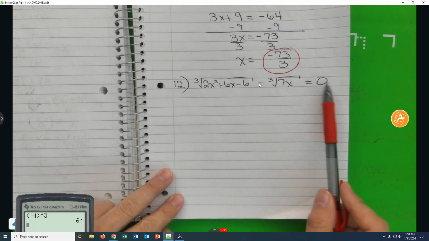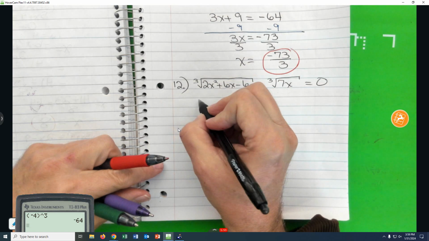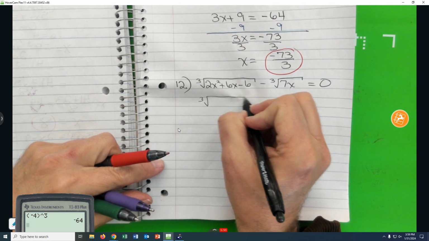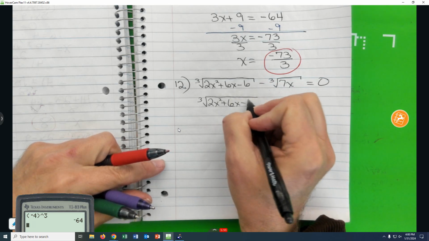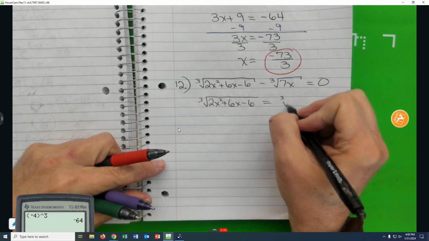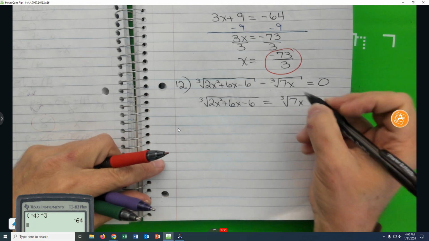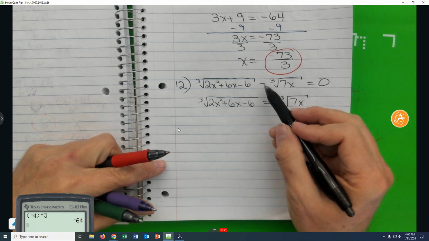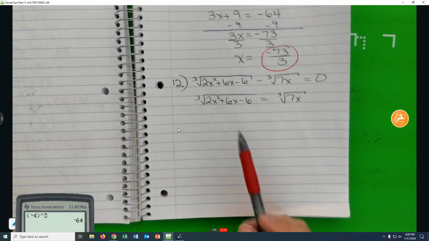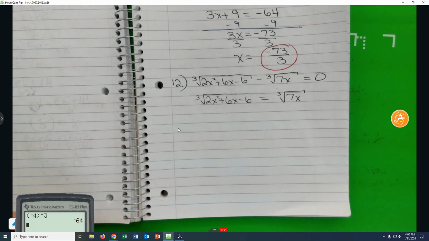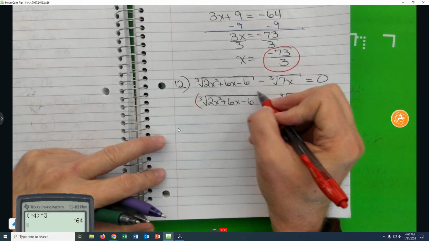That minus will become a positive. Look how nice this equation looks now. You have the cube root of 2x squared plus 6x minus 6 is equal to the cube root of 7x. We moved it over, the negative became positive. Before raising both sides of an equation to a power, you must first isolate a radical. In this case, we were able to isolate both of them in a single step. Now, we'll cube both sides.